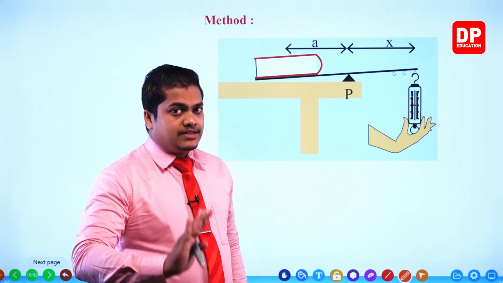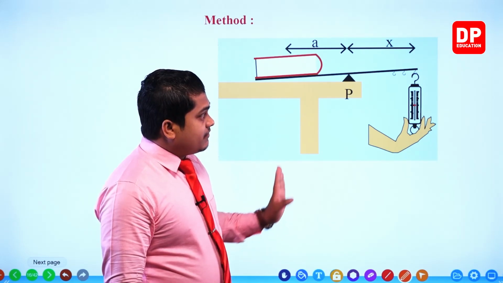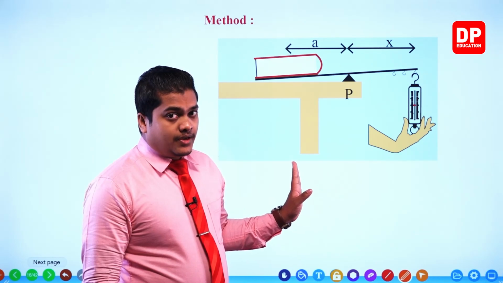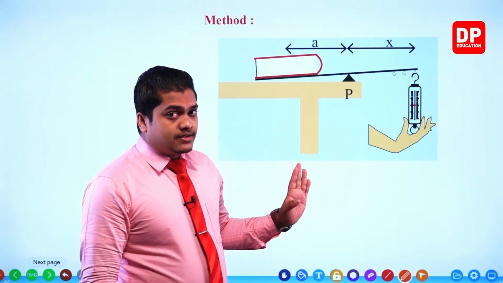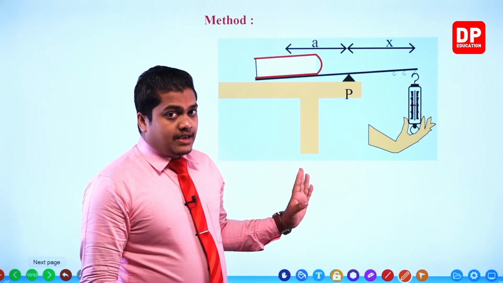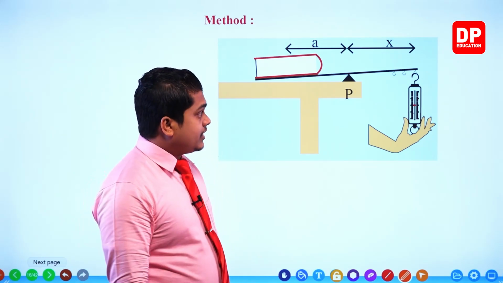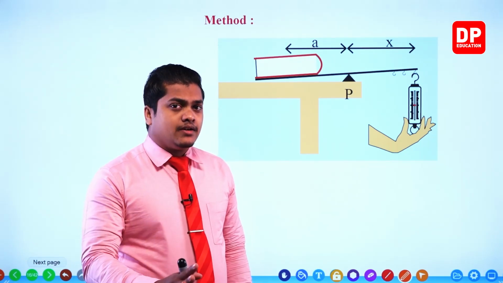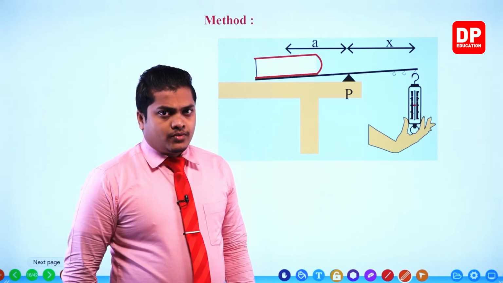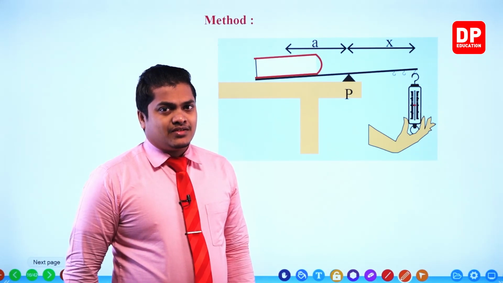Take one set somewhat further away from the wedge point. Take another set somewhat closer to the wedge point. Then take another value very close to the wedge point. Like that, you can take three sets of values and compare the readings on the spring balance.